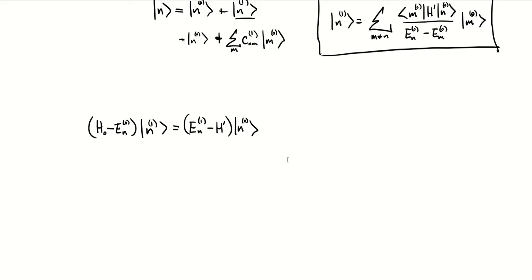If we look at the nth row of this equation, right? So we look at <n0|, just take that and operate on this equation.